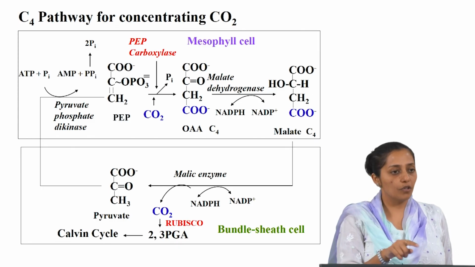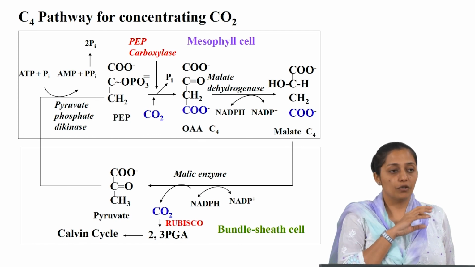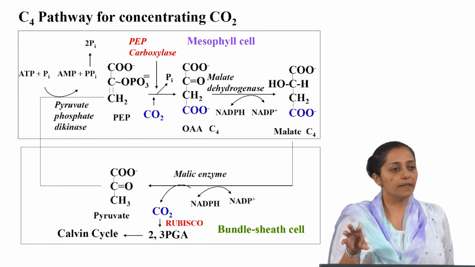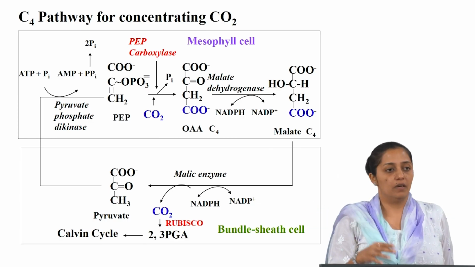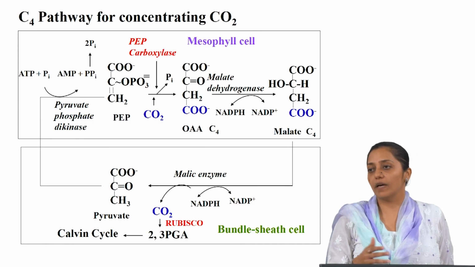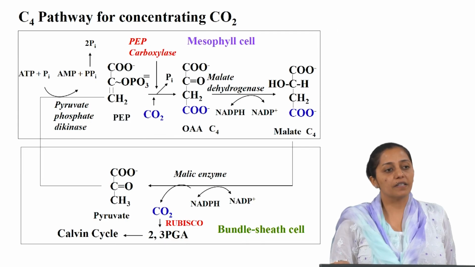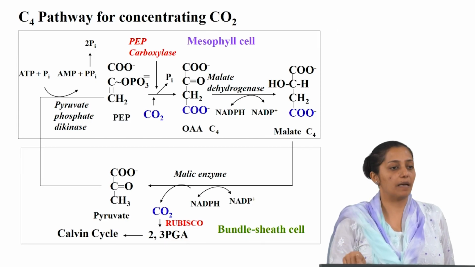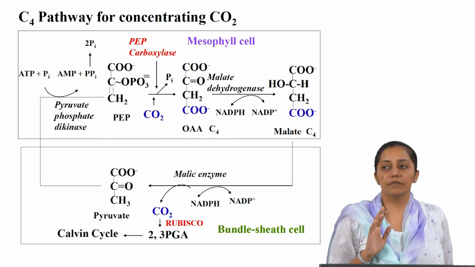In CAM plants, the CO2 is taken in at night and fixed to give malate, and malate is stored in vacuoles. Then during the day, when the stomata are closed, the malate is broken down to release CO2, and this CO2 combines with rubisco to give sugars.